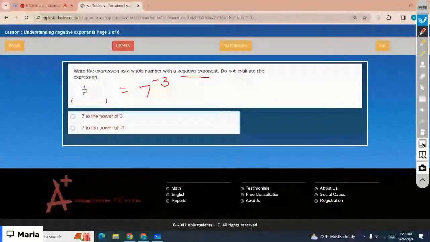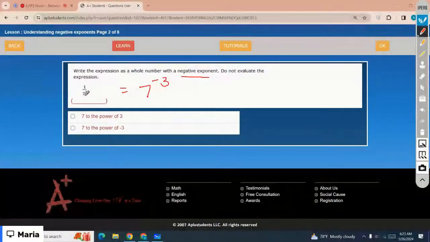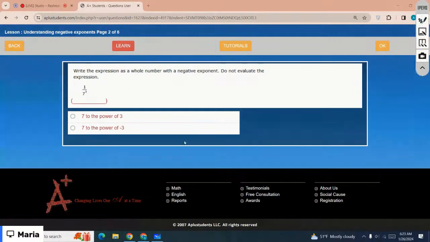So the correct option is 7 exponent negative 3. Option number 2 is the correct option. Got it?